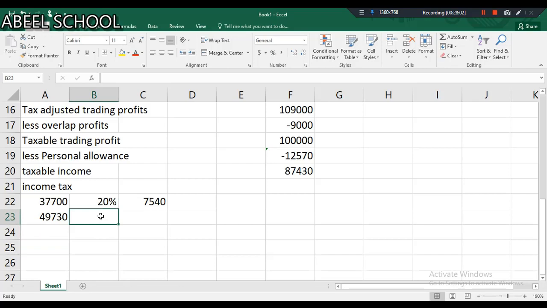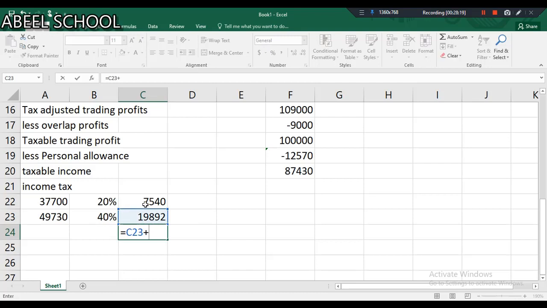So 49,730 falls in the higher rate band, where the applicable tax rate is 40%. So let's apply this. If I add both of these, my income tax liability is 27,432.